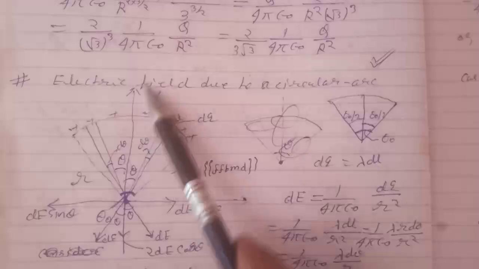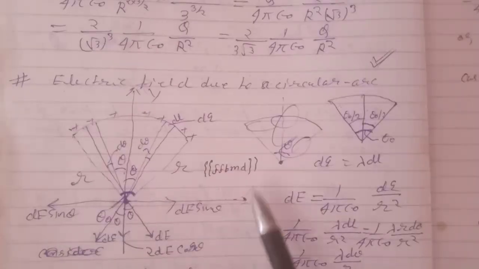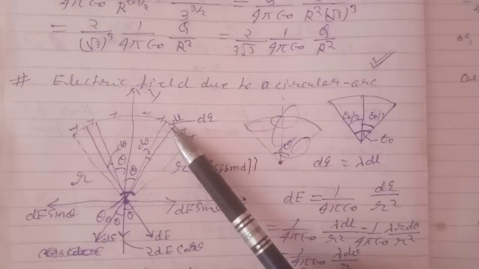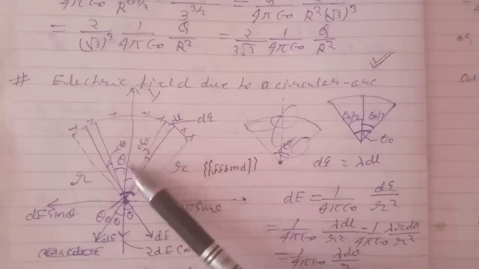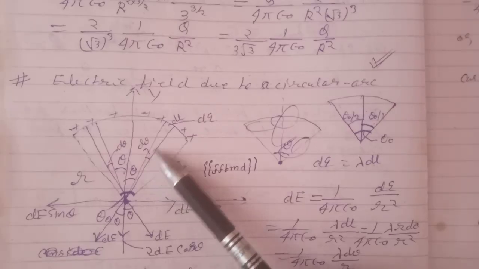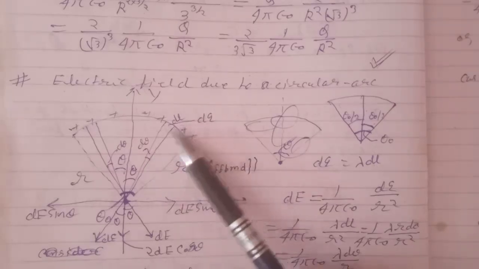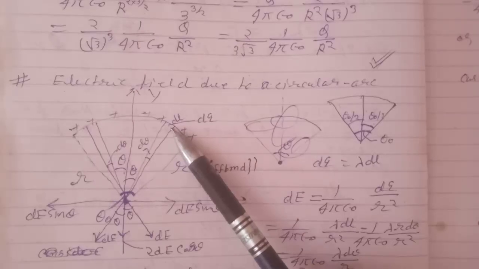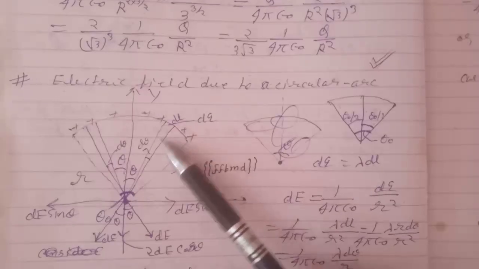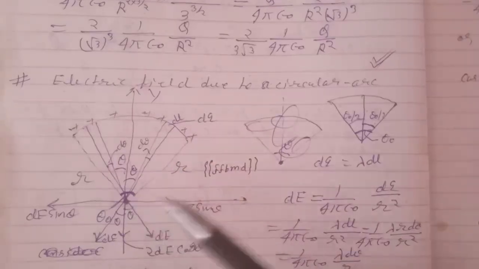This is the y axis and this is the x axis. If we take an element of length dl at angle theta, then dq is the charge on this element, and d theta is the angle subtended by this element at the origin.